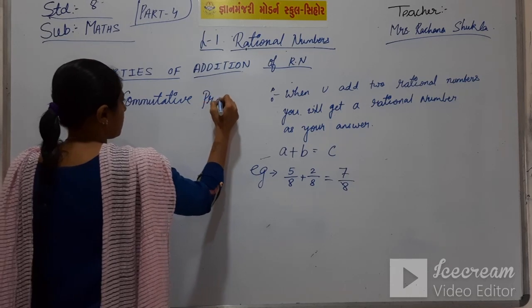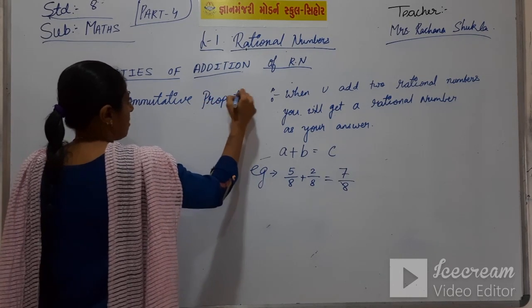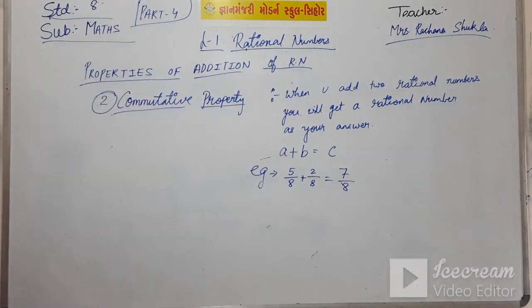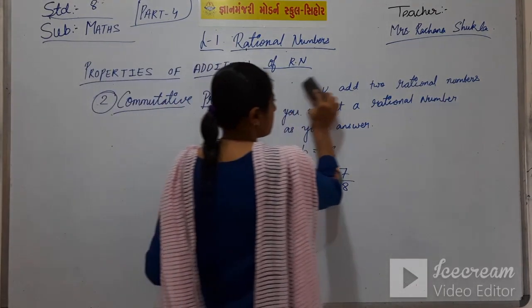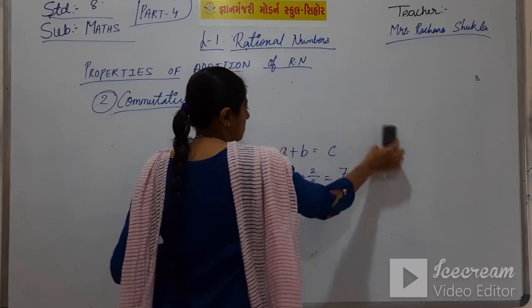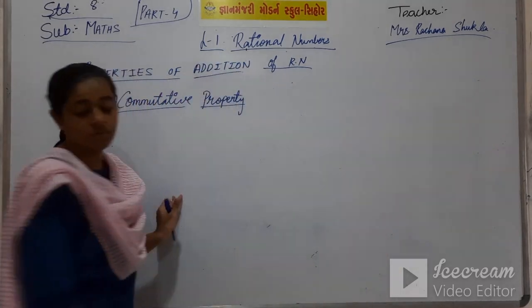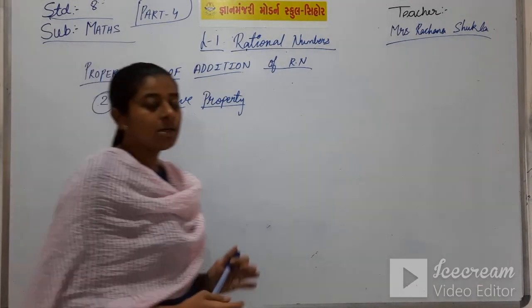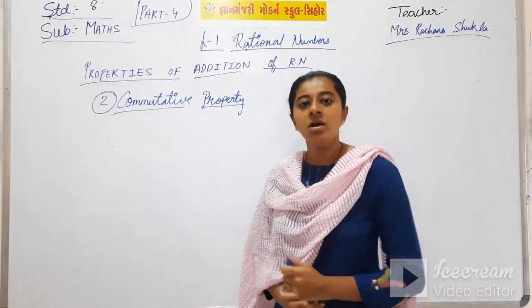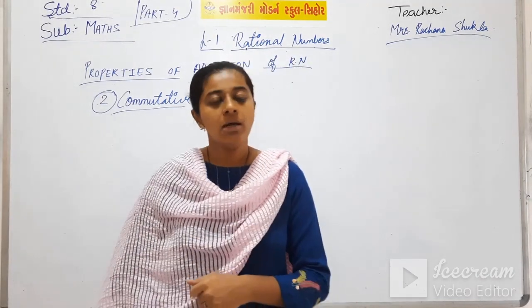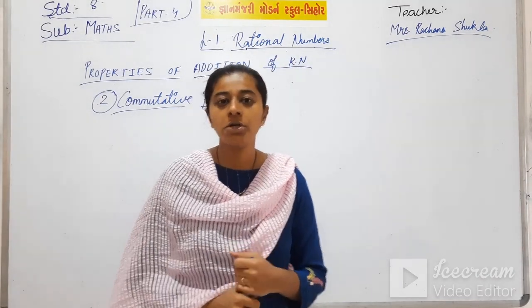Commutative property. In commutative property of addition, when you add two numbers, suppose 5 plus 3, then the order does not matter.